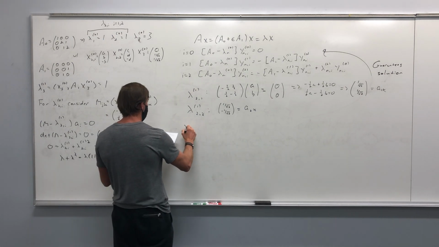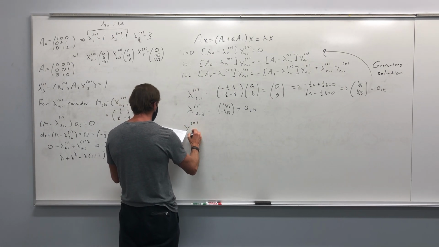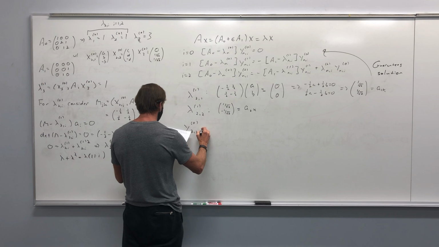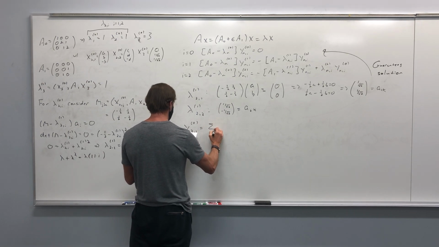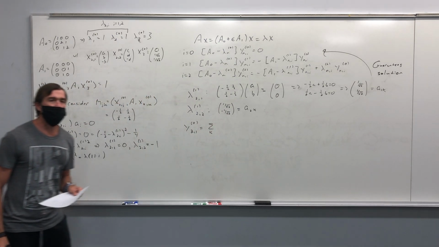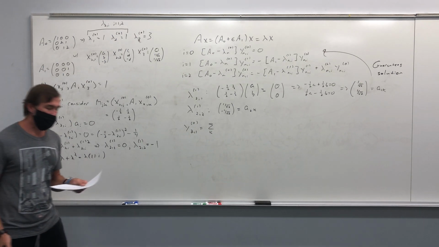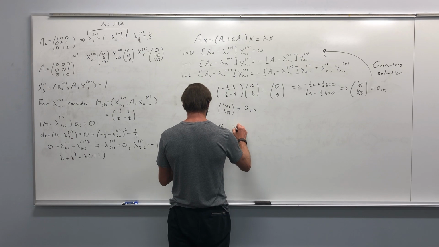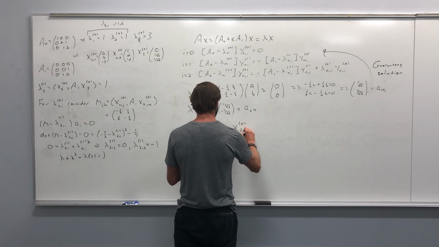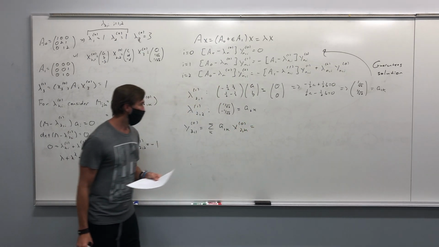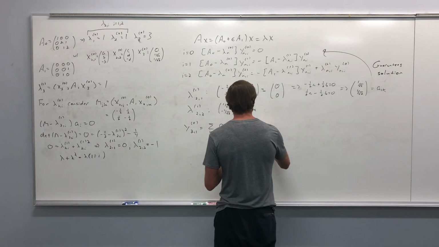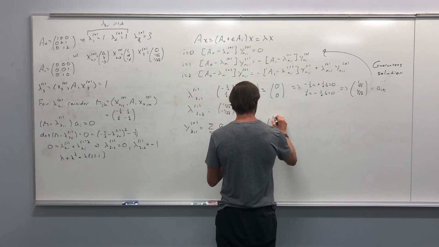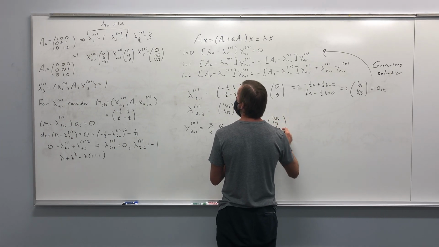So that means that the appropriate eigenvector, which is aligned with the corrections due to the perturbation, is given by 1 over root 2, 1 over root 2, 1 half, minus 1 half.